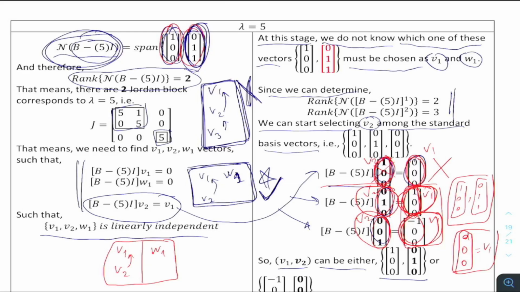I'm going to call this v1, and I'm going to call this w1, which is important actually, but we are not sure about that v1. There are only two possibilities, plus or minus: we will use 1 0 0, or minus 1 0 0. We need to check that.